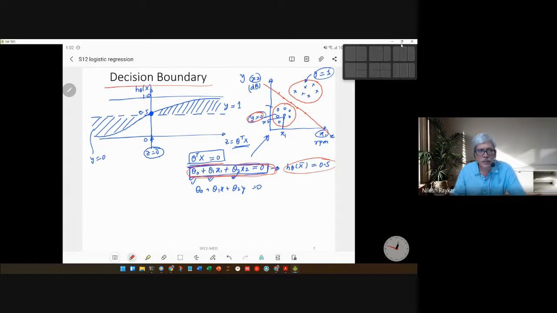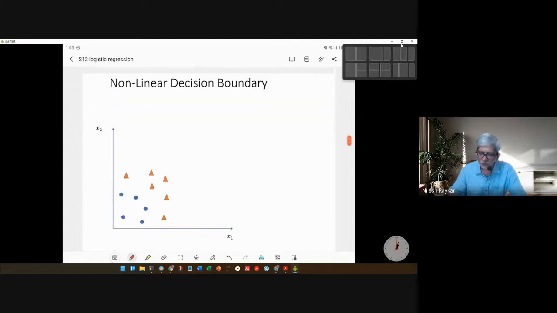For logistic regression, since this function is always a linear function, the decision boundary will also be linear. We will see an example next.